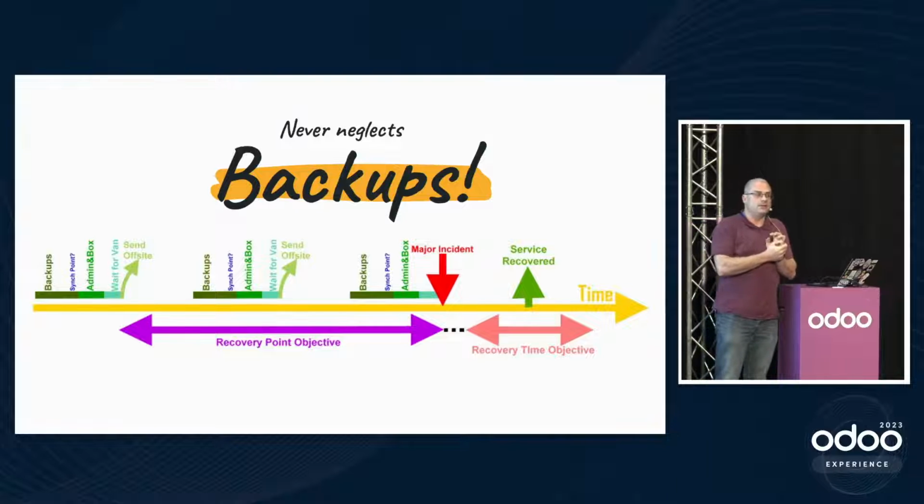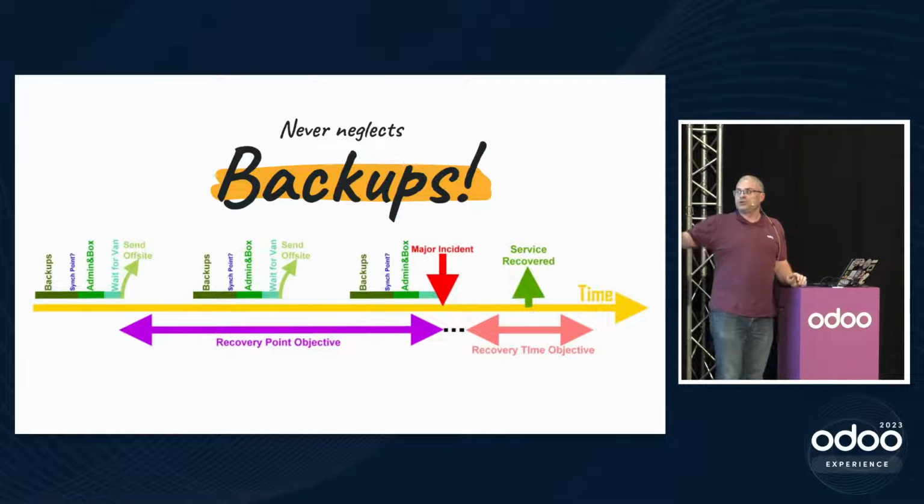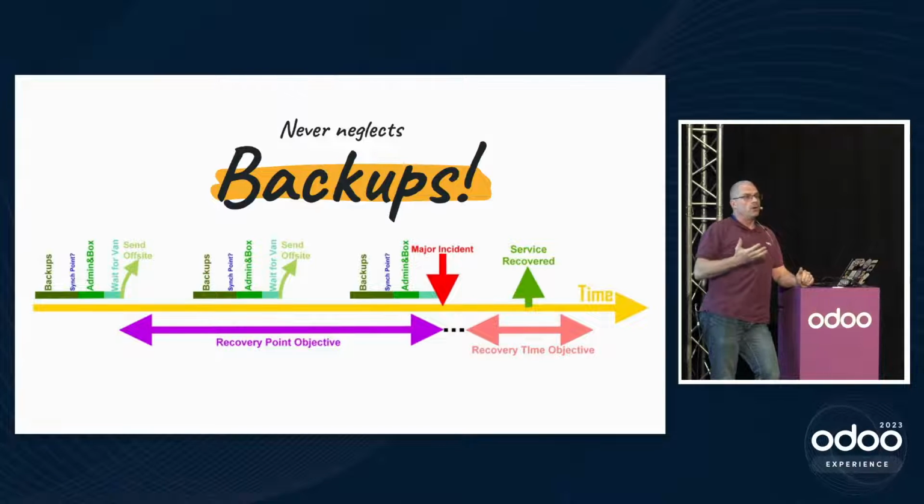It's not necessarily easy to lower those two metrics at the same time. Because to achieve a recovery point objective as low as possible, you have to create backup strategies that are harder to put in place, and then the recovery time objective will grow a bit.